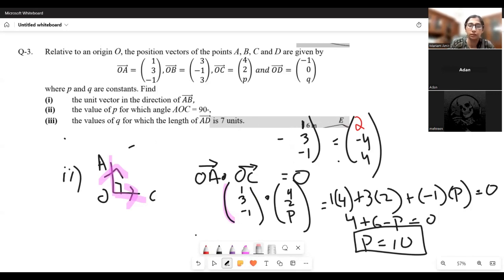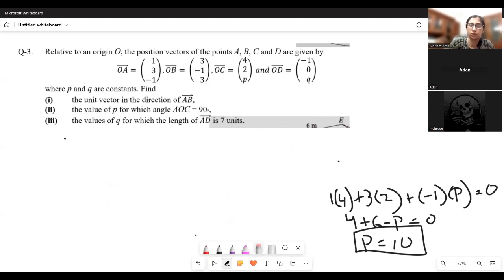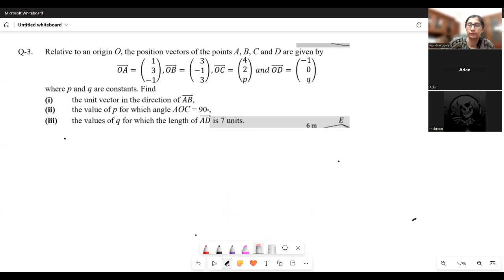Part 3. Find the value of Q for which the length of AD is 7. Okay. So we first need an expression for AD. AD would be a variable.